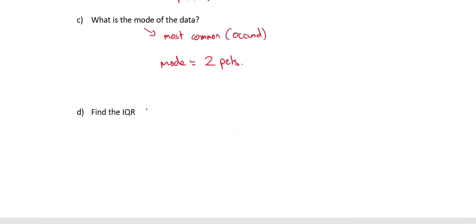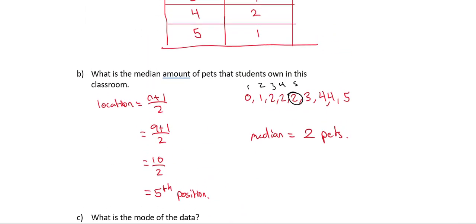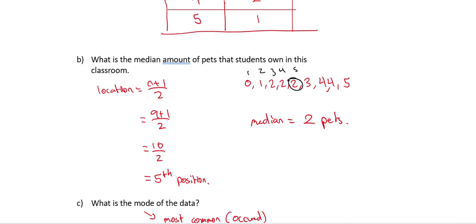Now IQR is interquartile range, okay? So remember you need a lower and upper quartile. So you want to go to your rearranged list, and we can see that it's been split up into 4 groups.